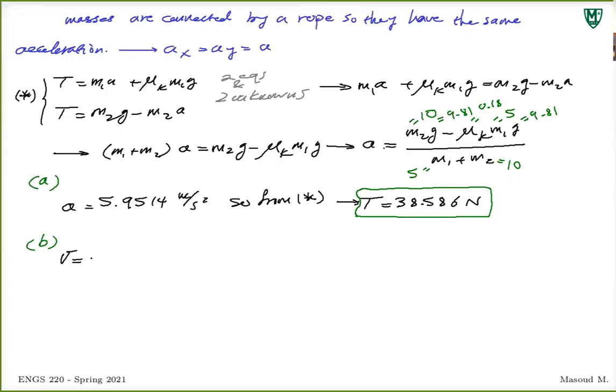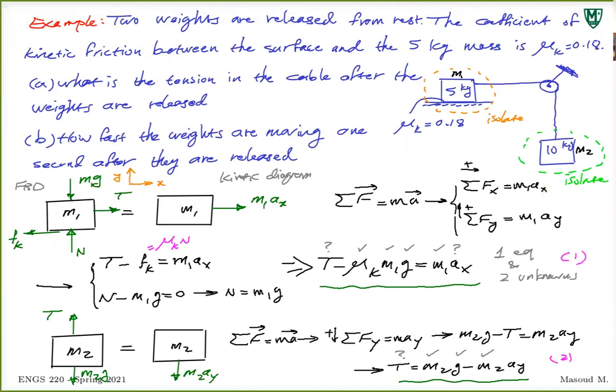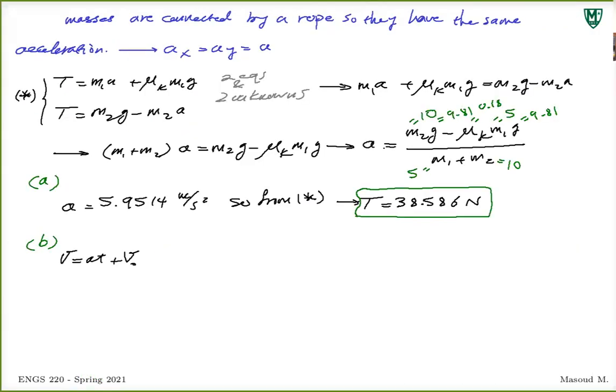V would be a t plus V naught. I don't know if the problem somewhere mentioned, hopefully, anything about the weights being released from rest. So there you go, is released from rest, meaning that your V naught, the initial velocity, is 0. So that becomes 0.